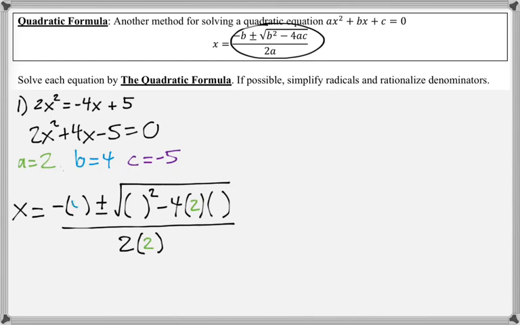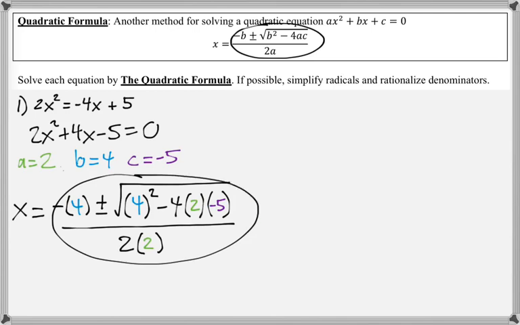B is going here and here, and C is going here. So notice I'm not putting any x's into my quadratic formula. You just put the coefficients, you just put the numbers.